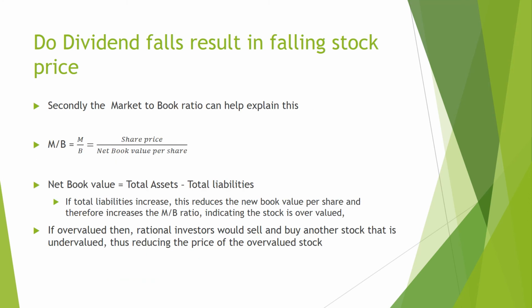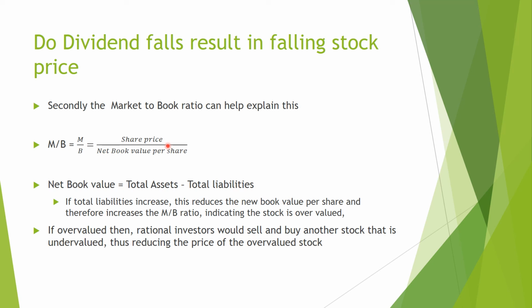Secondly, we can look at the market to book ratio, which looks at the share price divided by total assets minus total liabilities. If total liabilities increase, this reduces the book value per share and therefore increases the market to book ratio, indicating that the stock is overvalued. That is because the firm is holding a lot of debt, so it's a high risk stock.